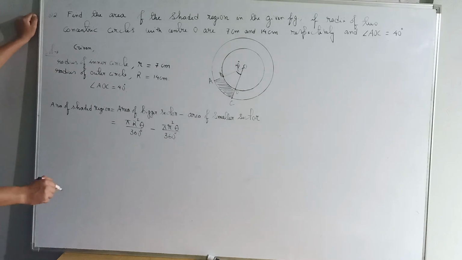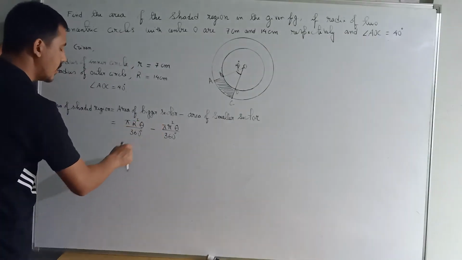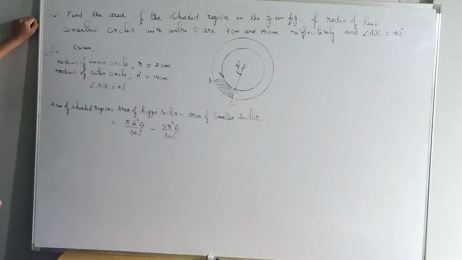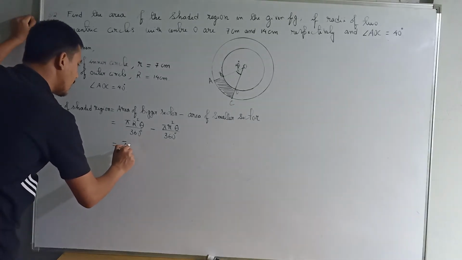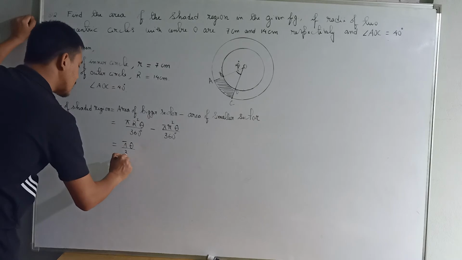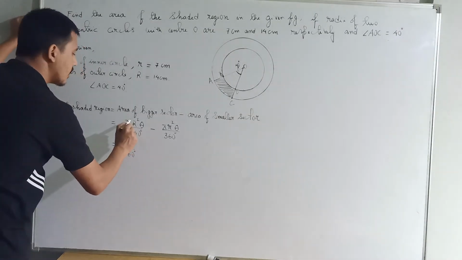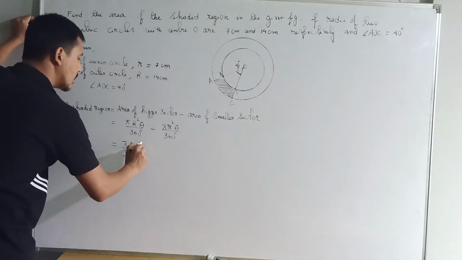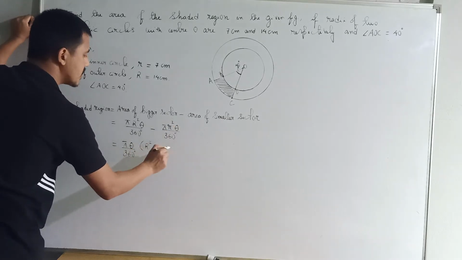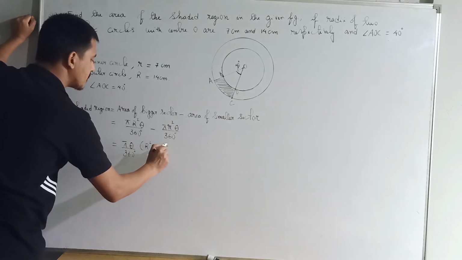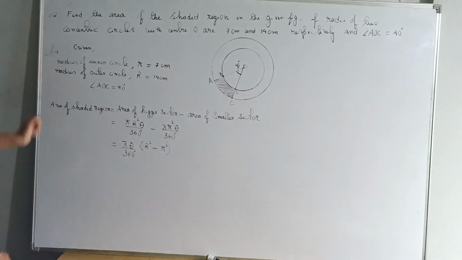We can take out some terms common here. Pi, theta and 360 are common. So we take pi theta upon 360 common. Then we have capital R square minus small r square.